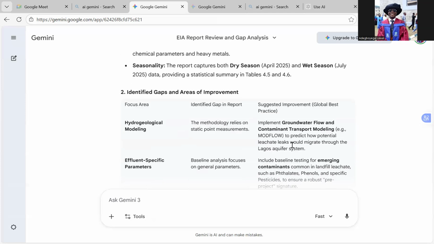There are some suggestions that there is need to implement groundwater flow and contamination transport modeling. I think this might be a condition if we consider it important for approval, so that in case there are any leaks or any waste management issue, they can trace how this will flow and ensure it will not migrate into the Lagos aquifer system.